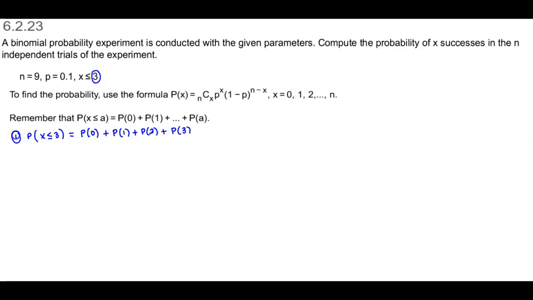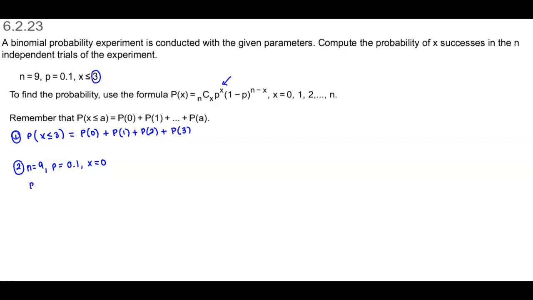Okay, so when we want to find the probability of 0, we know that n is equal to 9, we know the probability is 0.1, and we know that x is equal to 0. So we're going to plug it into this formula.